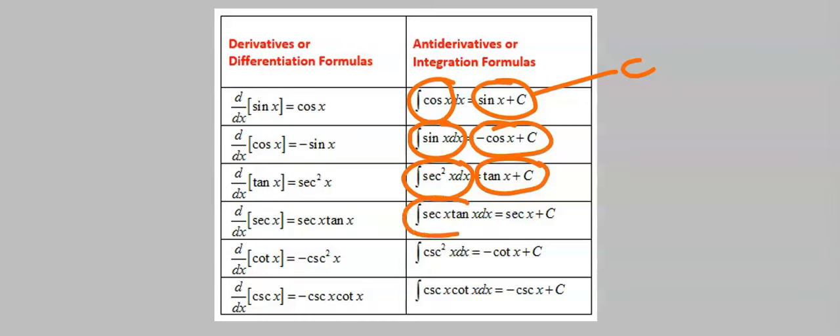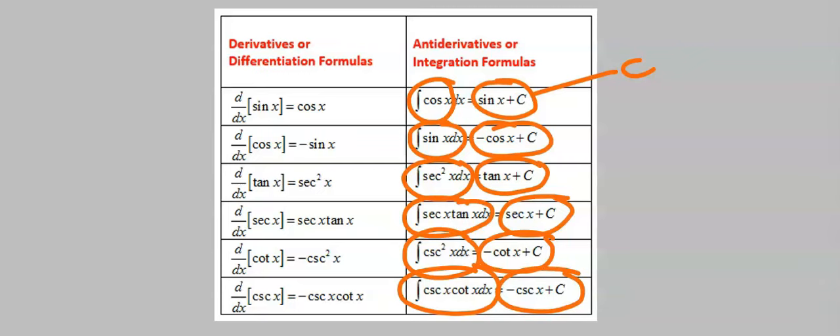If you integrate sec x tan x, you are going to get sec x plus c. While if you integrate cosec squared x, you are going to get minus cot x plus c. If you integrate cosec x cot x, you are going to get minus cosec x plus c.